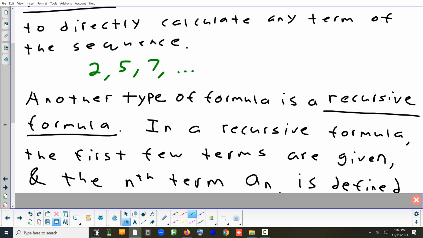And then I tell you something like a sub n equals the term before the one I want to know plus 2. That is the formula. Oh, I messed that up, didn't I? This would have to be an 8 to make the pattern work. And then I would have to fix this. That would be a 3.